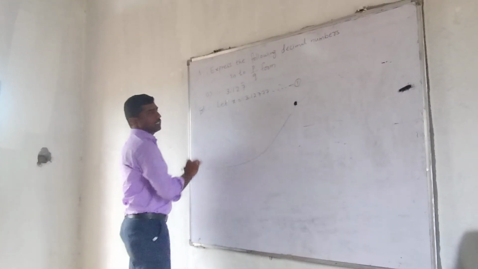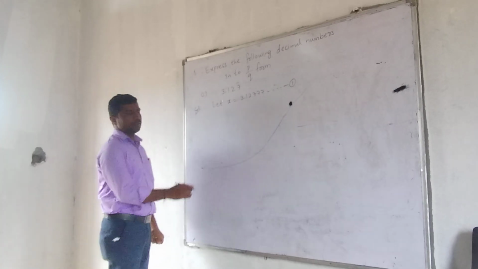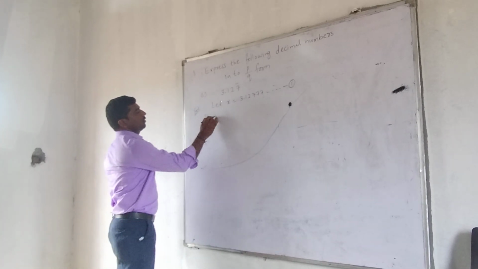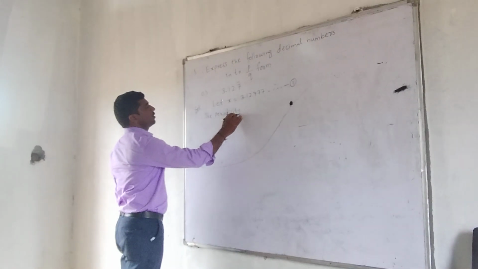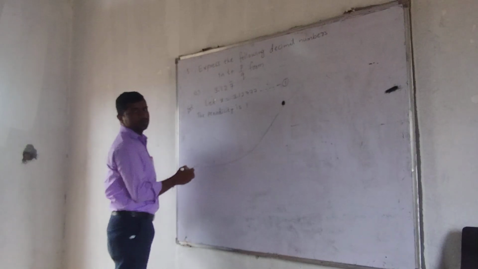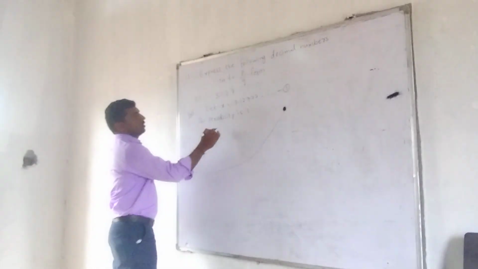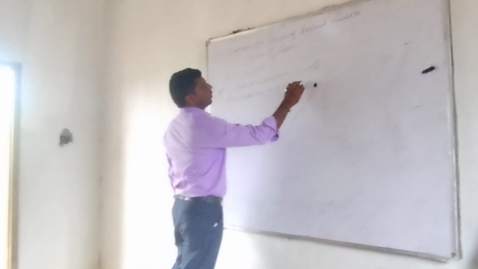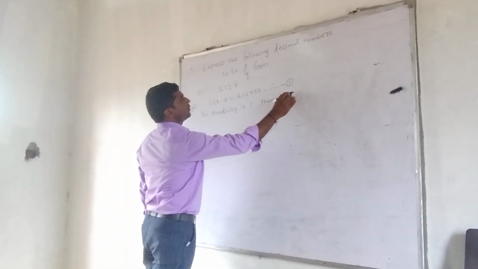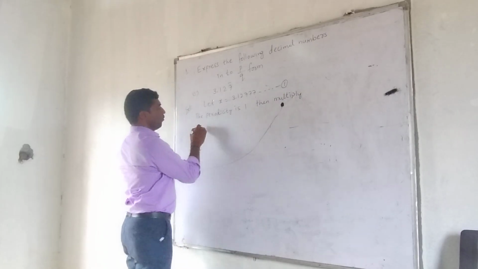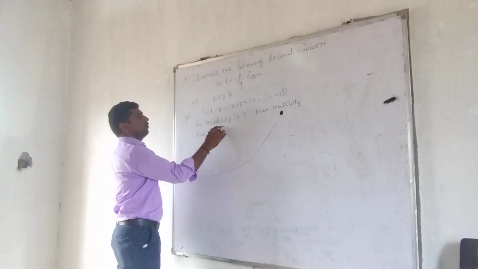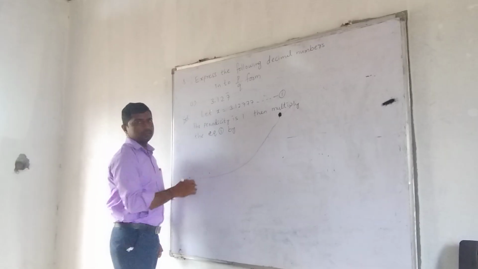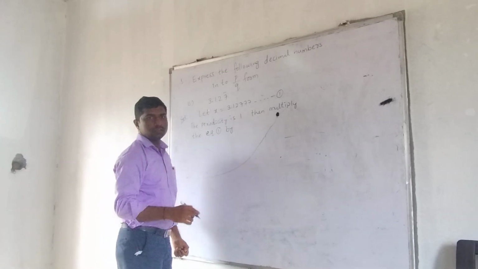Now the periodicity is 1. So then multiply the equation 1 by what?